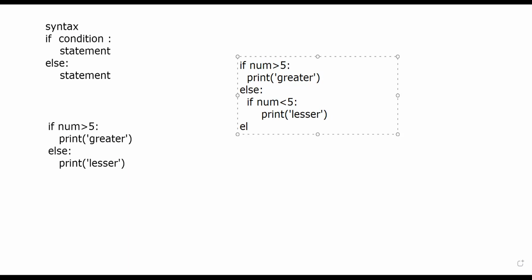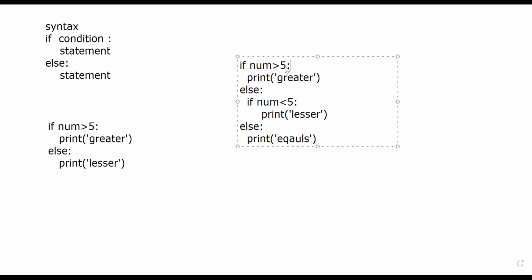We can write in another else, because there are two ifs, so there are two elses. In the else we can write print equals, because here there are multiple conditions. It depends on the situation. When we have multiple conditions, we can apply multiple if and multiple else. So we can also add another else.